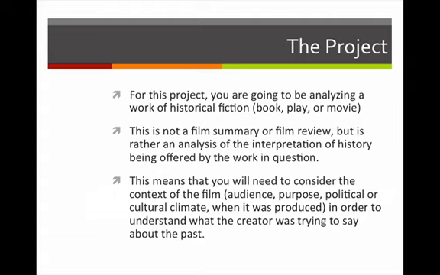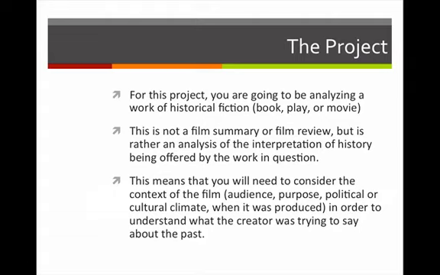What do you think its purpose is? What's the political or cultural climate that surrounded its production? When was it produced? So that you can start to figure out what the creator was trying to say about the past and why. If a film summary or film review deals primarily with the who, what, when, and where, this analysis deals more with the how and the why.